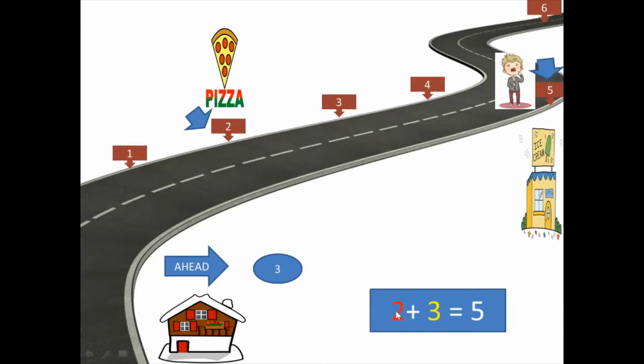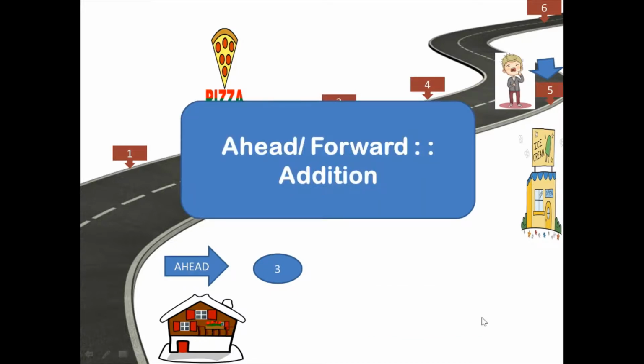Initially he was at 2 kilometer milestone and he went ahead by 3 kilometers. Okay, he went ahead by 3 kilometers, and where he reaches now? 5th kilometer milestone. So 2 plus 3 equals to 5. Okay, so whenever we are going ahead or going forward, what we do? Addition. Correct.